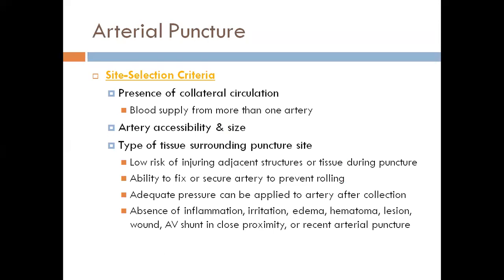So, this presence of collateral circulation can be evaluated either by performing the so-called modified Allen's test that we're going to discuss later, or by using a portable ultrasound instrument, wherein, of course, here in the Philippines, as we all know, baka wala pa tayong ma-encounter na portable ultrasound instrument to check if there is collateral circulation.